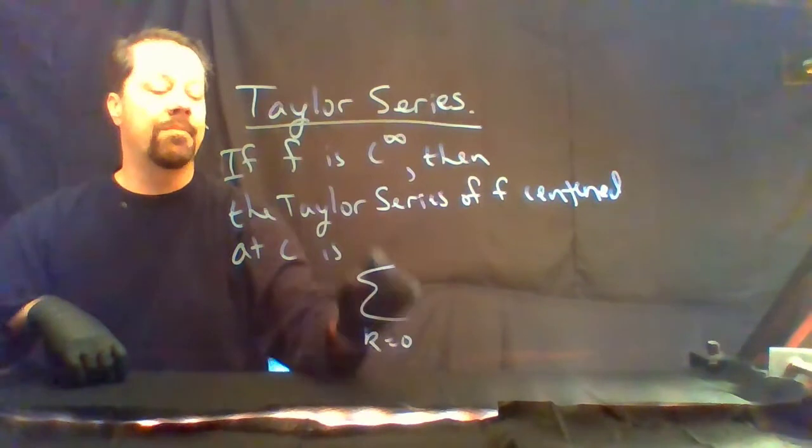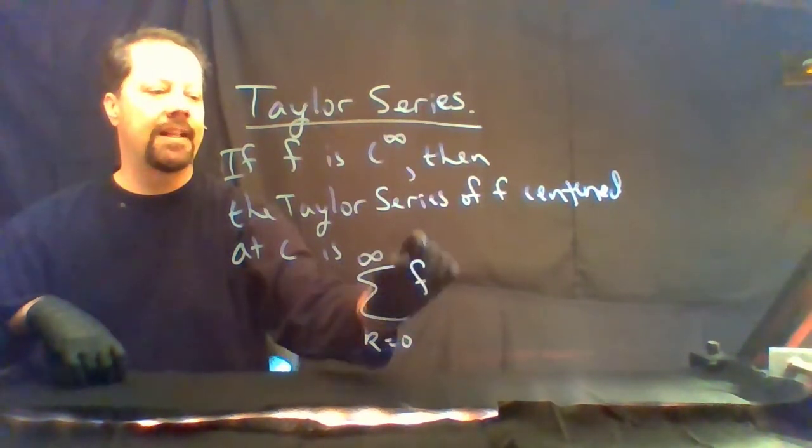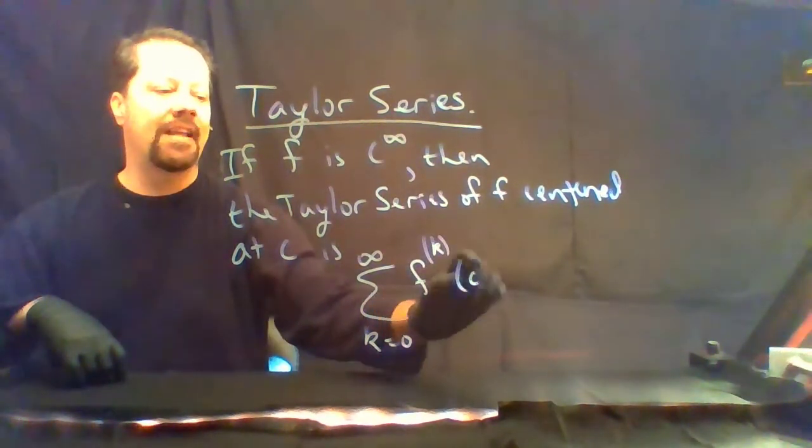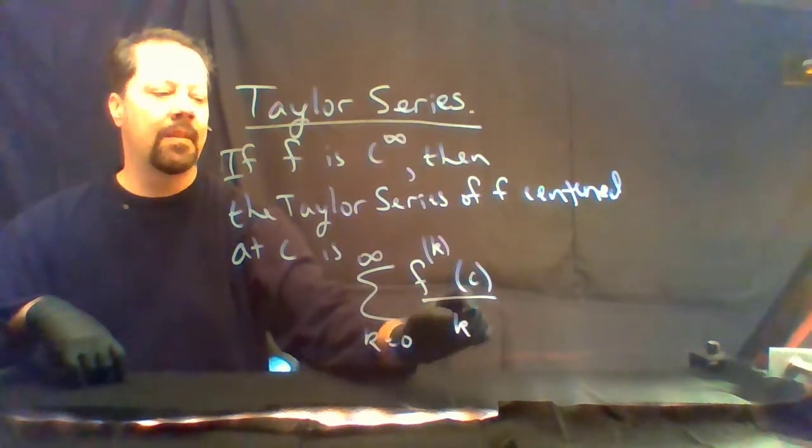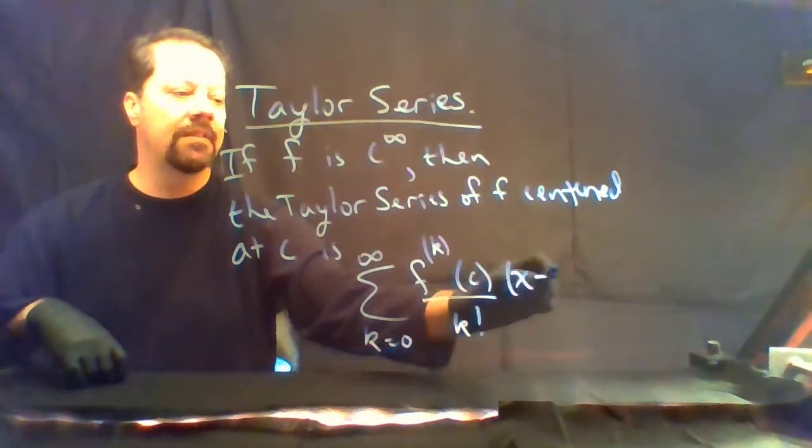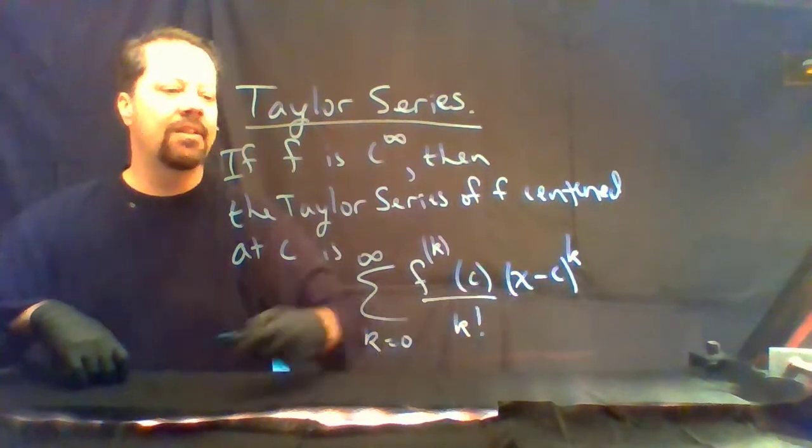As k goes from 0 to infinity, you have the kth derivative evaluated at the point C divided by k factorial, x minus c to the power k.